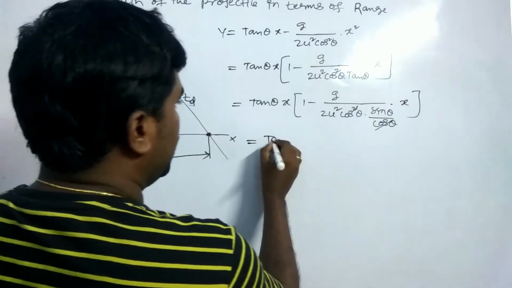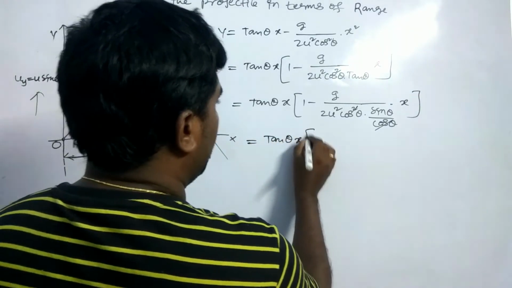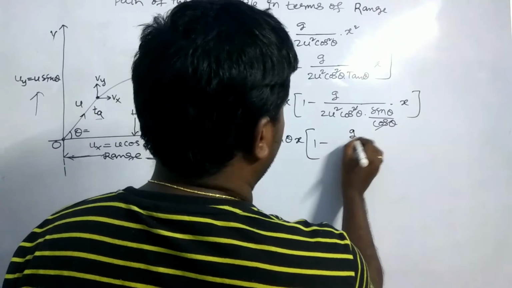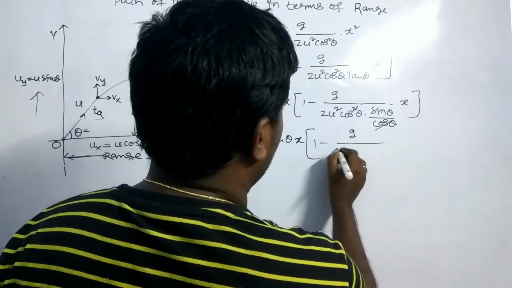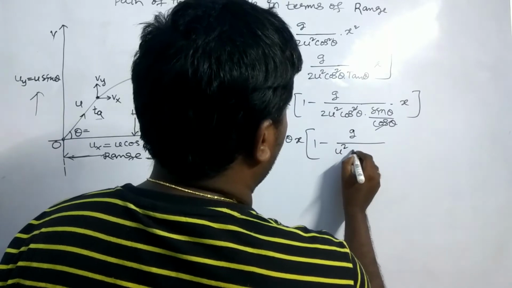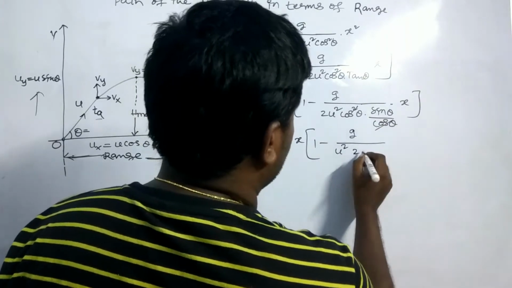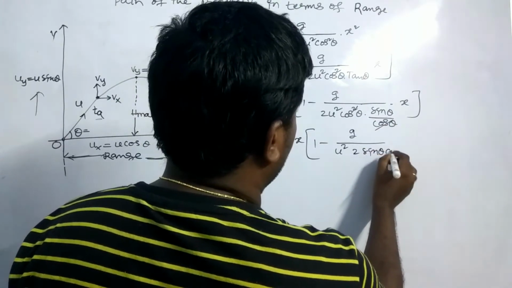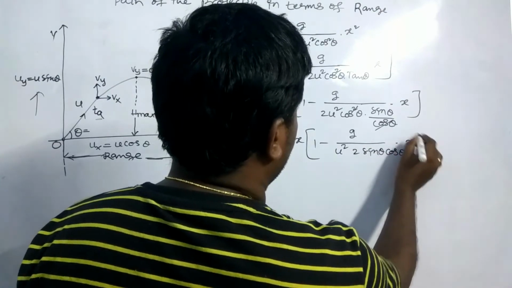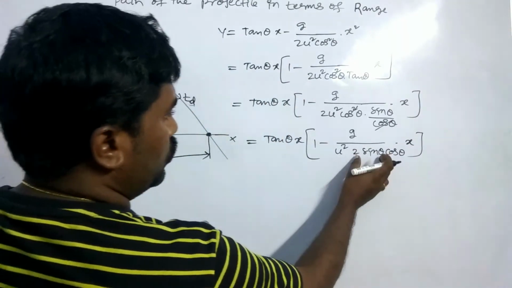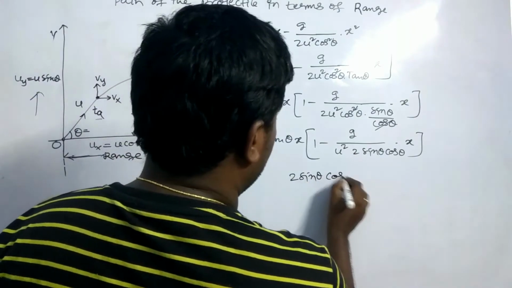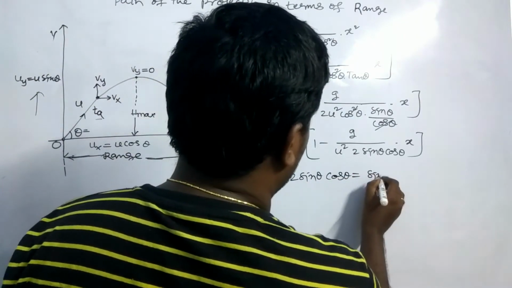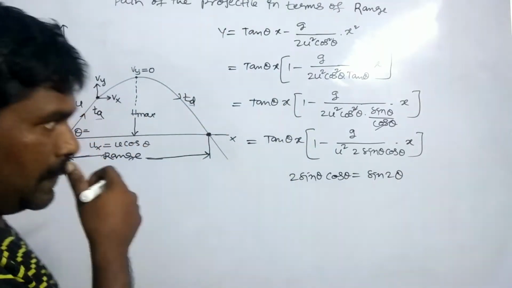It is tan theta into x times 1 minus g by u square into 2 sin theta cos theta into x, and 2 sin theta cos theta is equal to sin 2 theta, right?